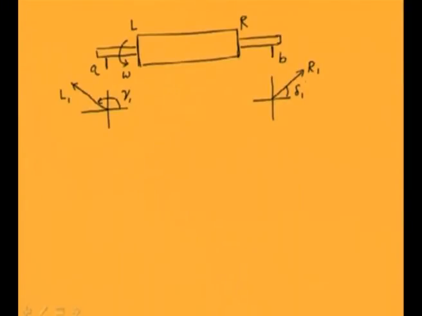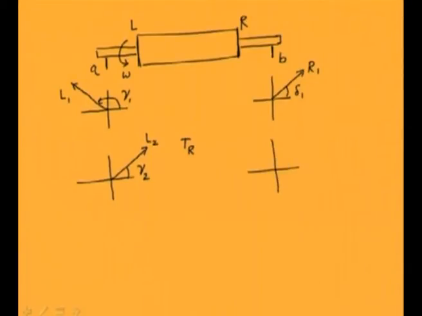Now we will put one trial mass, TR, of known magnitude in the right plane. Again we will rotate the rotor at the same speed, and let us say we got the measurement on the left bearing L2, and the phase of that is gamma 2.